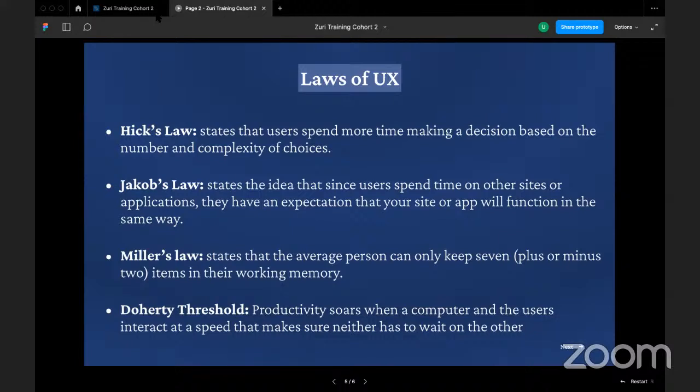Let me know what you think. I was asking what exactly, in what experience, did Apple not follow Jacob's law?